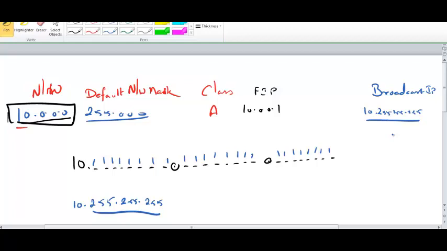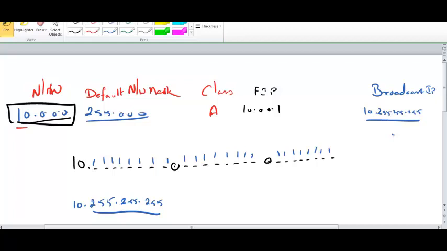If you wish to send a query to all the computers in the network, try understanding my question, if your computer wants to send a query to everyone in that 10 network, they need an address. For that, this address is going to be used. This is the broadcast address of the 10 network.